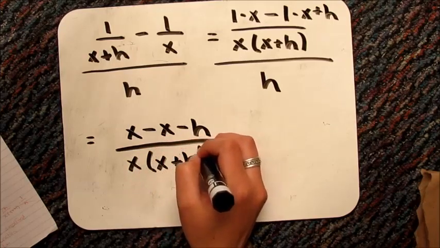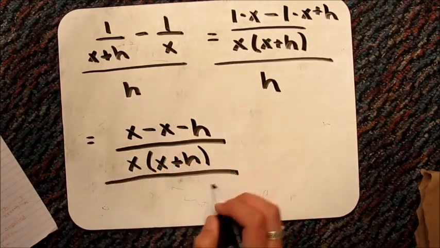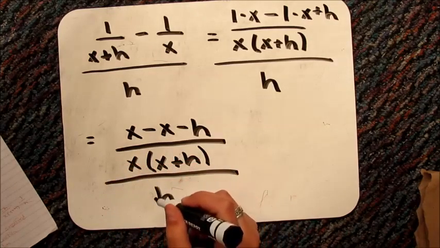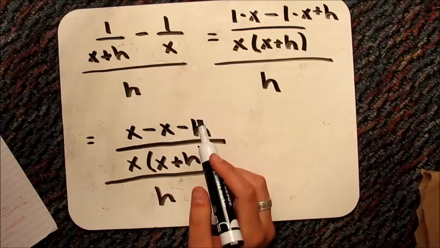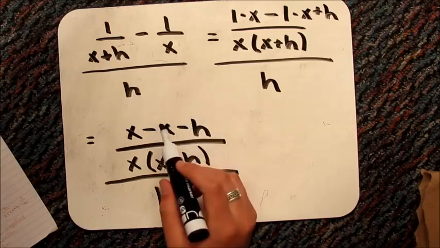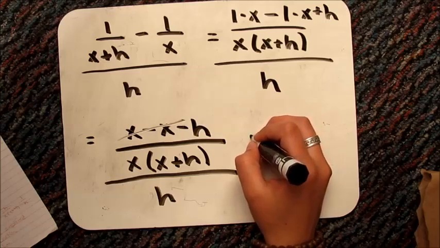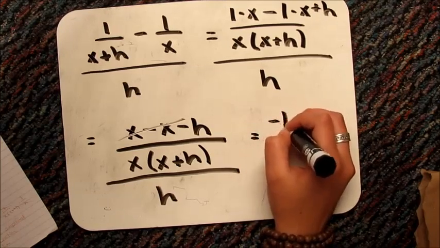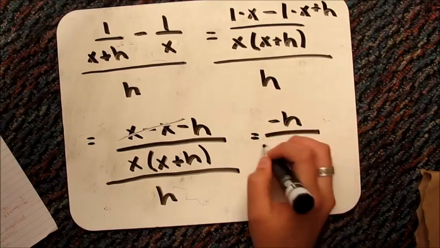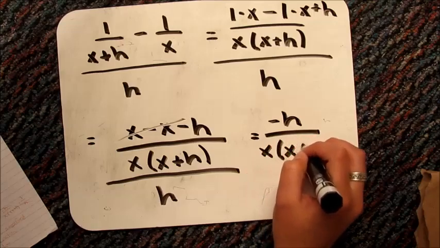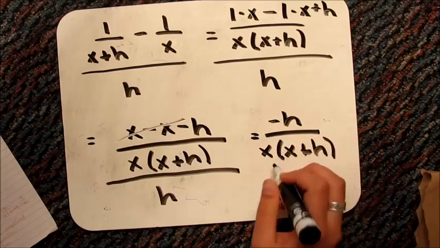And that will all be over h. And so what we have is x minus x is nothing, so we can cancel those out. And we just have negative h over x times x plus h all over h.